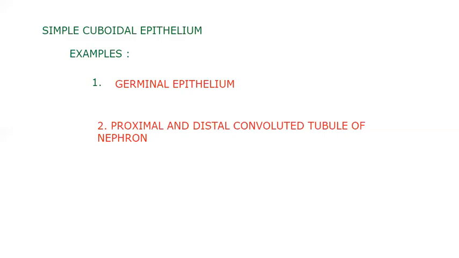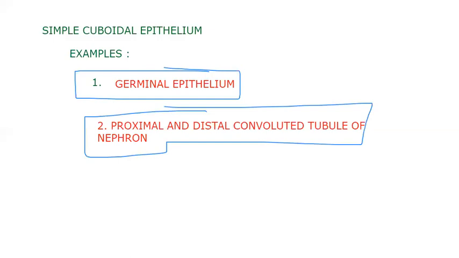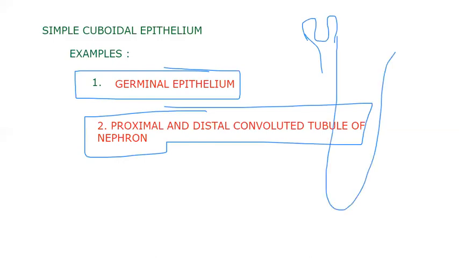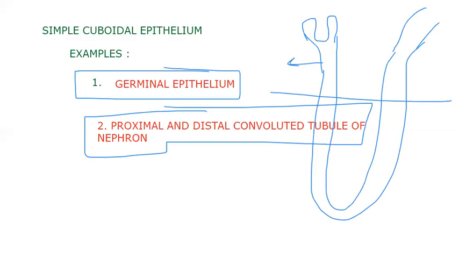So let's see here the simple cuboidal epithelium. Examples: germinal epithelium and proximal and distal convoluted tubules of the nephron. As we have seen earlier, Bowman's capsule is made up of simple squamous epithelium. Now these two: this is called the proximal convoluted tubule in the nephron, and this is called the distal convoluted tubule.